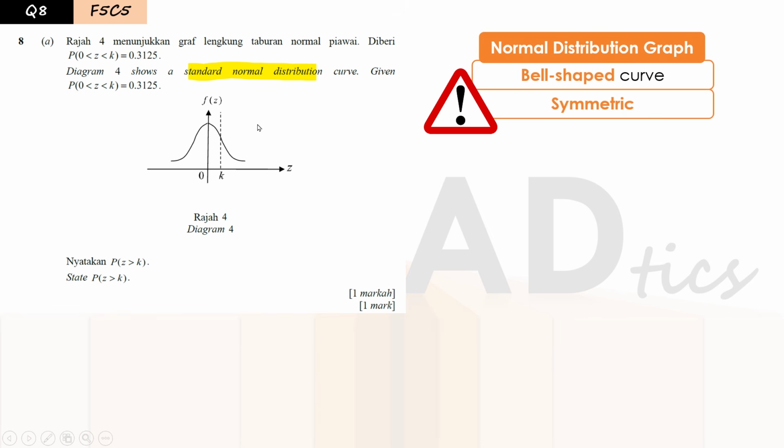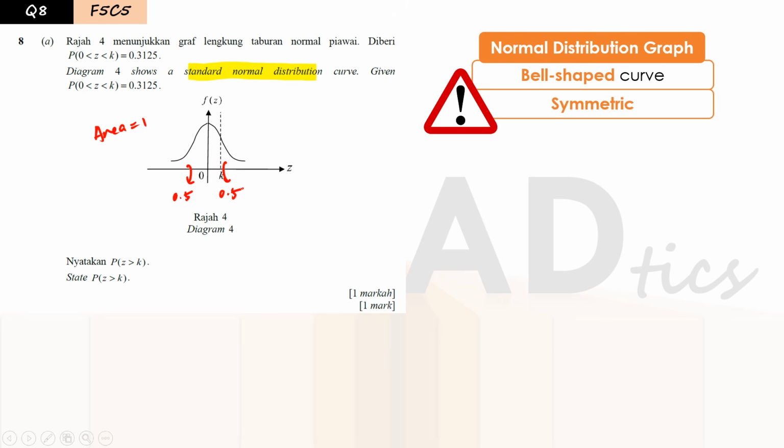We know that for this curve, the total area is 1. So if we split this curve by half, the area will also split by half, which means the left side area would be 0.5, and the right side area would also be 0.5.